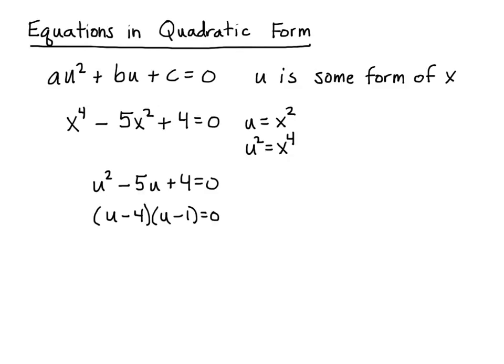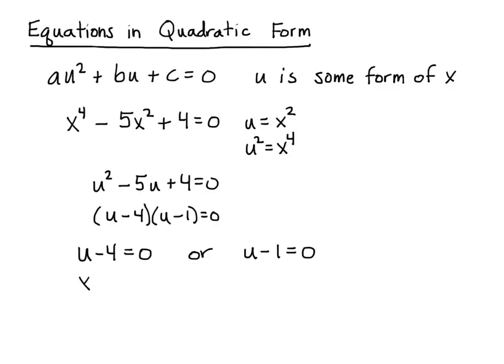And so we get this by factoring. And so by the zero product principle, either u minus 4 equals 0 or u minus 1 equals 0. Now your answer is not u equals 4 or u equals 1, because I don't care about u. You invented u here. I'm really interested in x.